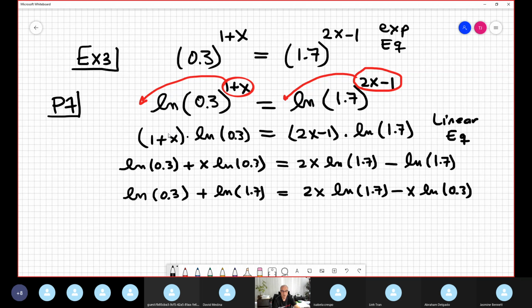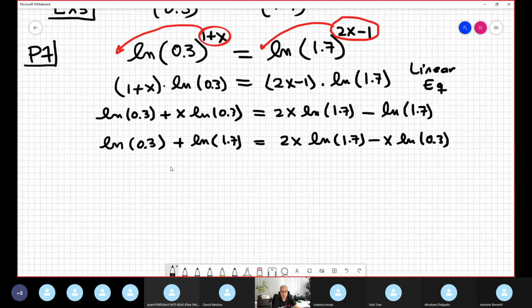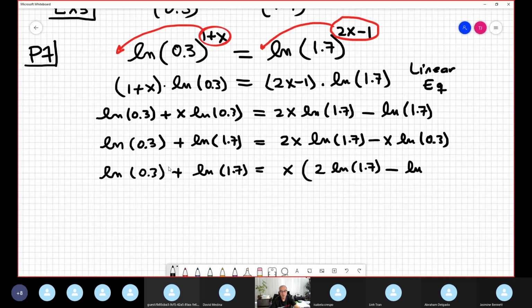Everyone follow me in this manipulation? Okay. Now I copy ln 0.3 plus ln 1.7 and you factor x, que es a common factor. And we have x times (2 ln 1.7 minus ln 0.3).